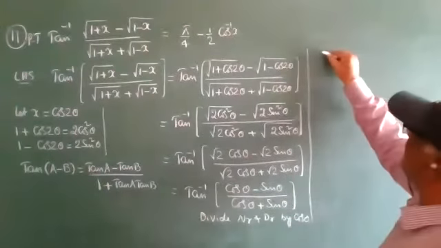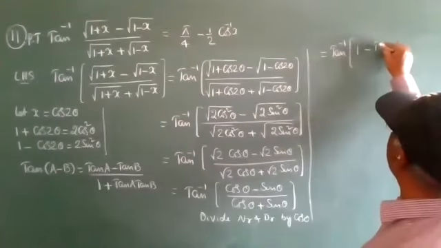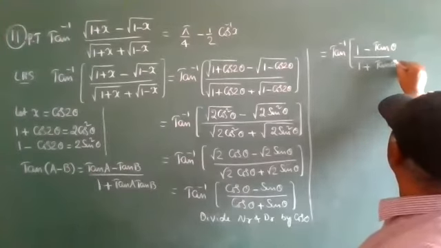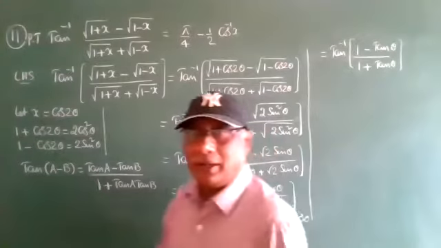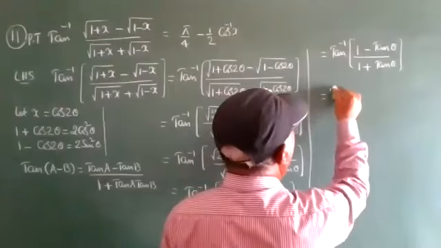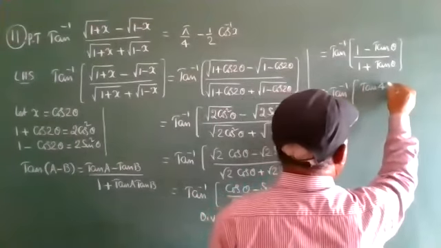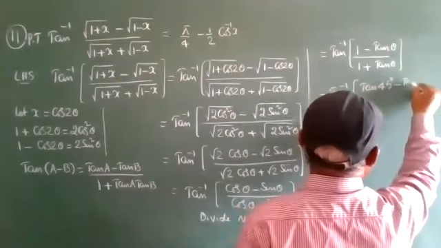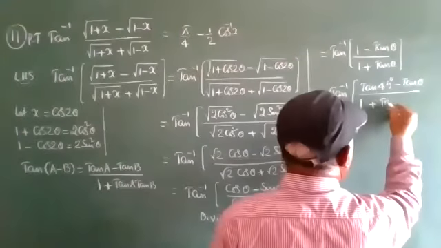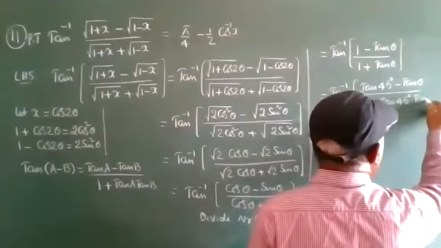Then we get tan inverse of (1 minus tan theta) by (1 plus tan theta). Now I will write 1 place as tan 45 degree: tan inverse of (tan 45 degree minus tan theta) by (1 plus tan 45 into tan theta), no loss for us, tan 45 value is 1.